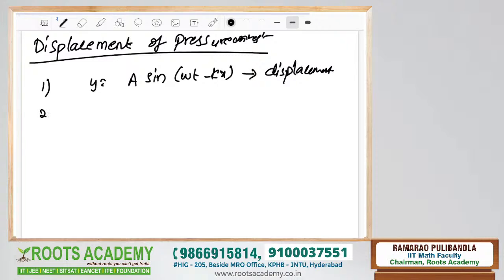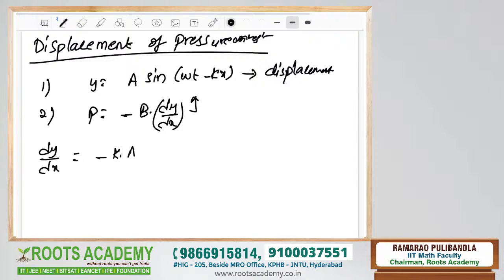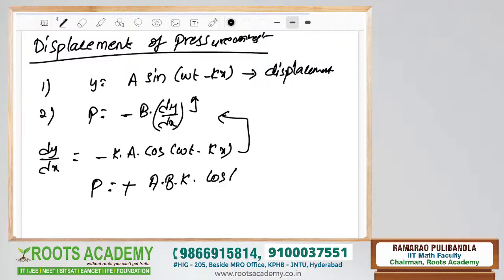and next the pressure as P equals minus B into dy by dx. By differentiating this displacement equation, we get dy by dx as minus k into a into cos of omega t minus kx. By substituting this into pressure, minus into minus gives plus, that is a into B into k into cos of omega t minus kx.